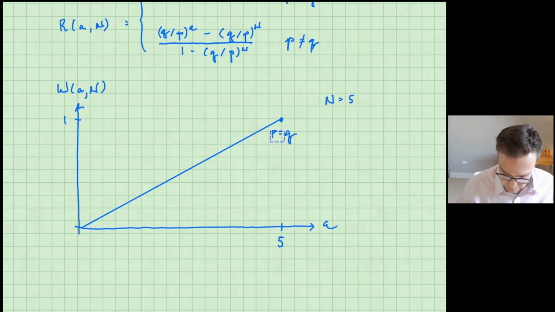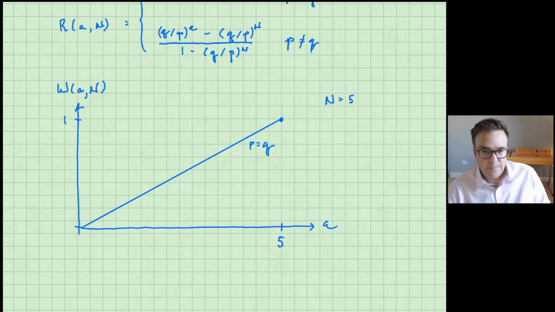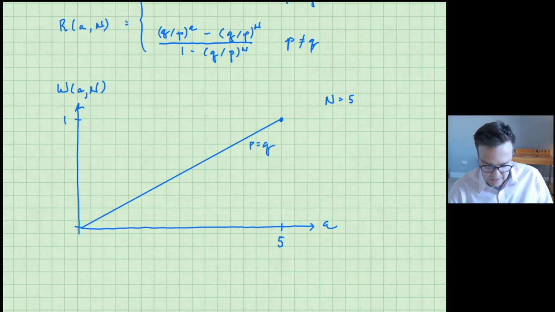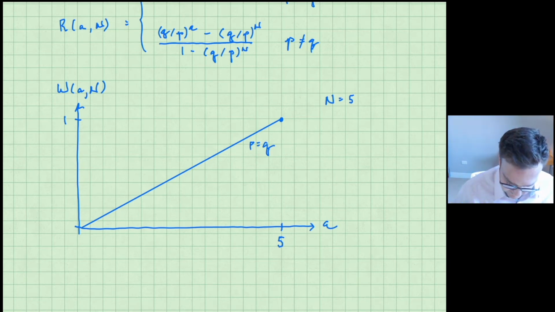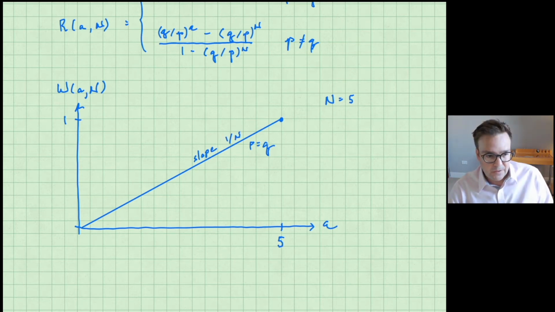Just a straight line. And then you can ask yourself, what happens to this curve as I increase p? Think to yourself for a second. Let me label this. As you increase p, it should be easier for player A to win.